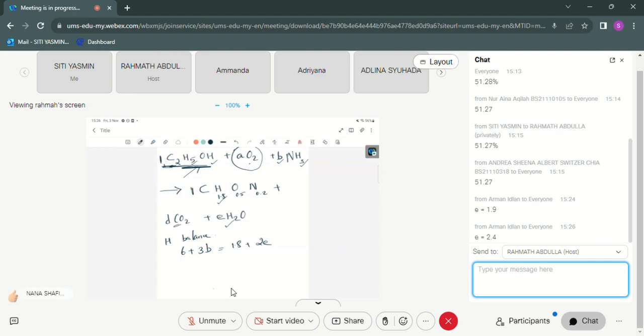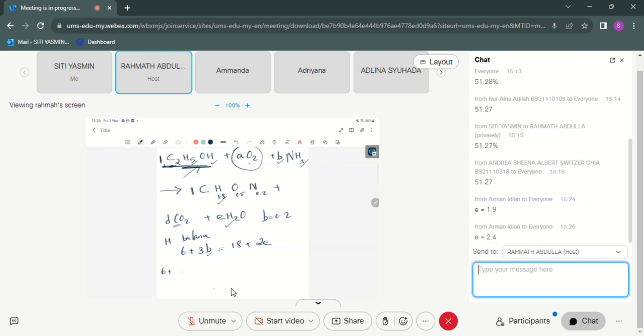Okay, Arman said the correct answer, E equals 2.4. All right, well done. And Siti Noor Faika got 1.9. Good try, but there was some error. Maybe your equation went wrong. Over here is 2E, and we just have the value of B. From the previous one, we got B to be 0.2, and then substitute that value of B here.